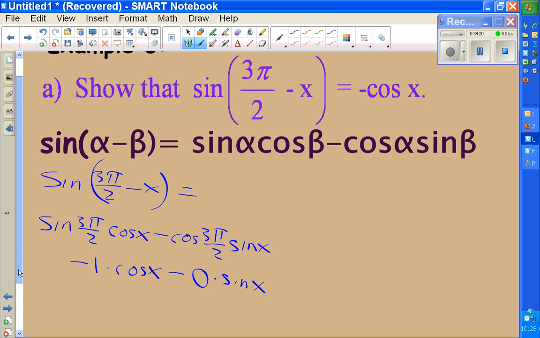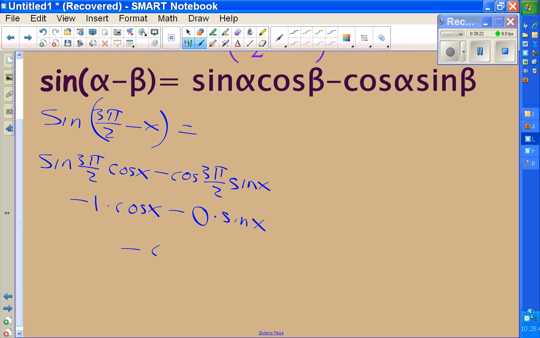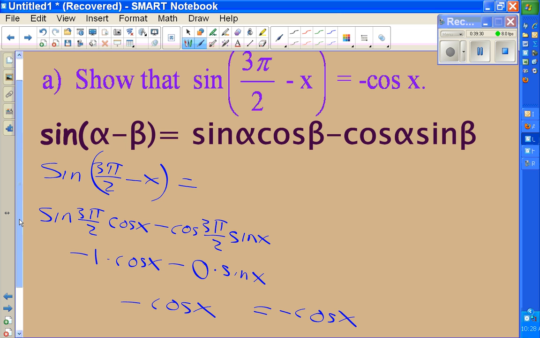So 0 times sine x is going to be gone. You're going to have negative cos x is equal to negative cos x. That's what you were trying to prove. That's it. Remember, leave one side alone and mess with the other side.